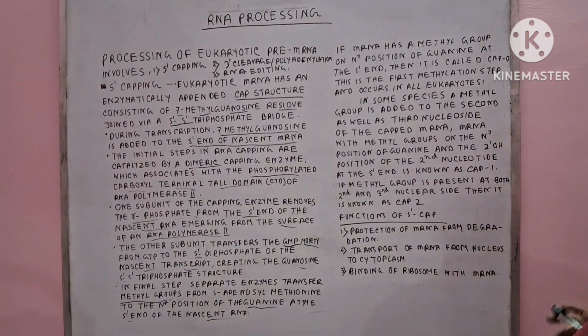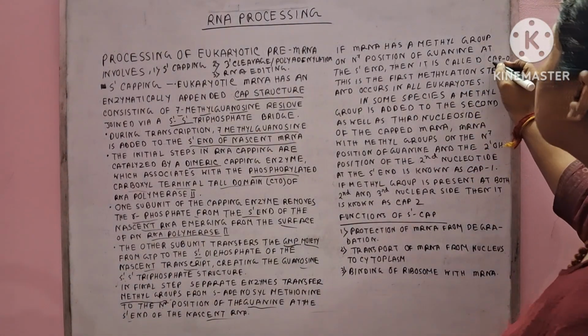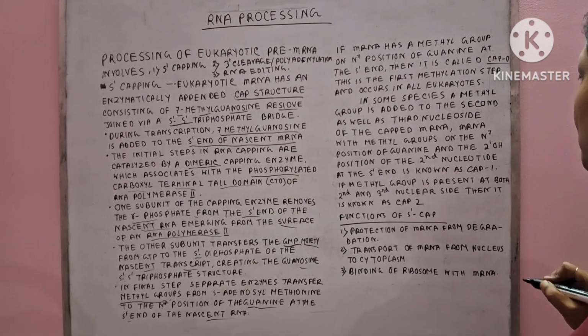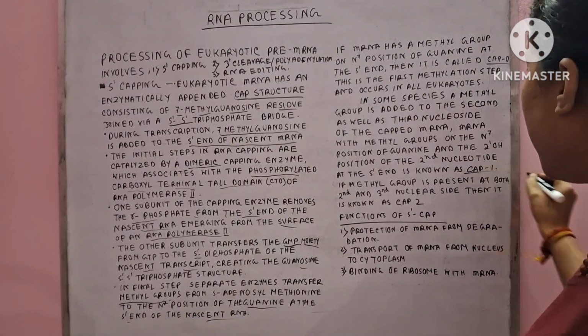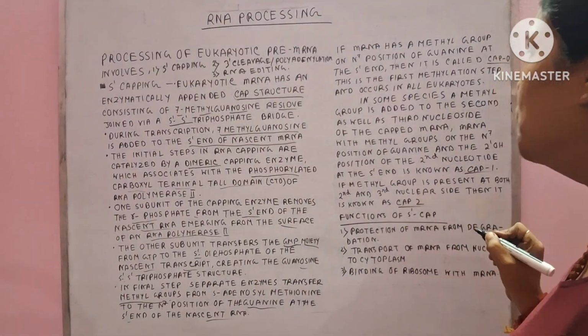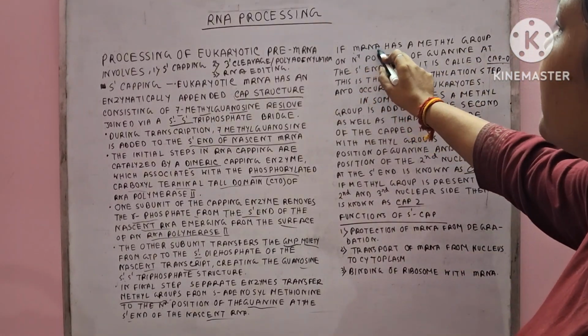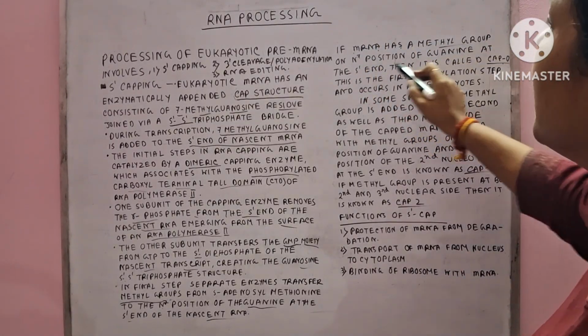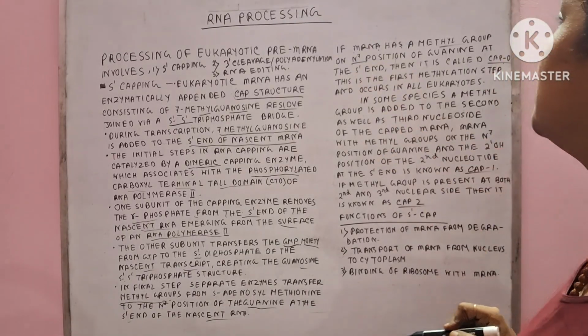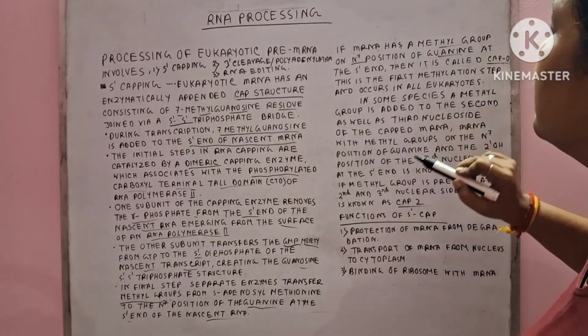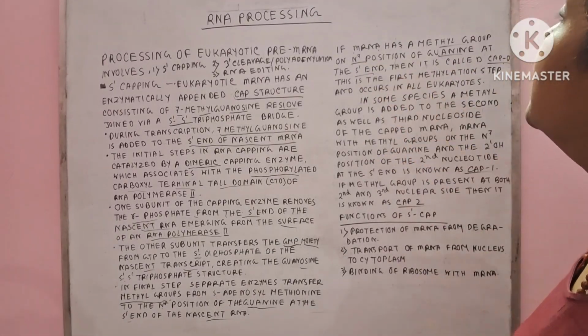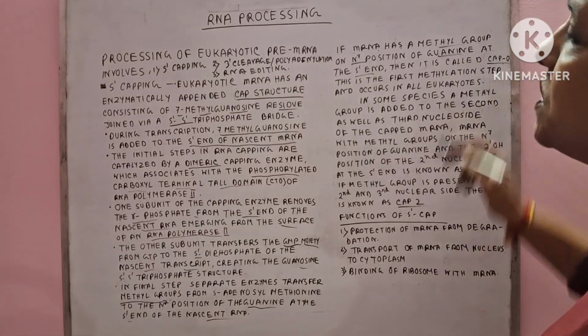Okay, and here an important thing is written, which is called the cap 0, the cap 1, and the cap 2. The cap 0: if the mRNA has a methyl group on the N7 position of the guanine at the 5' end, then it is called the cap 0.